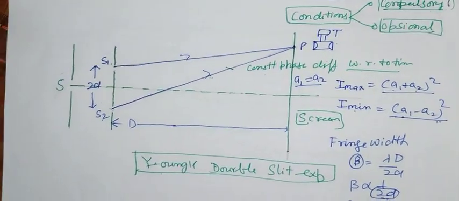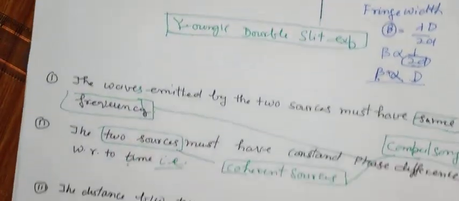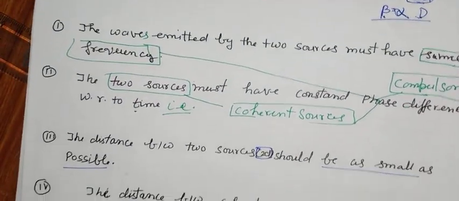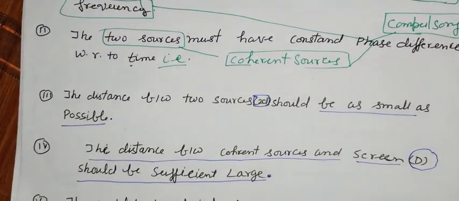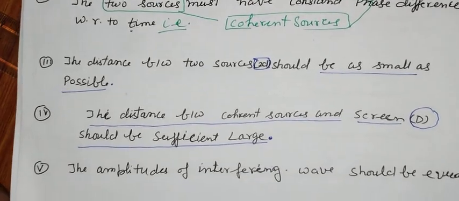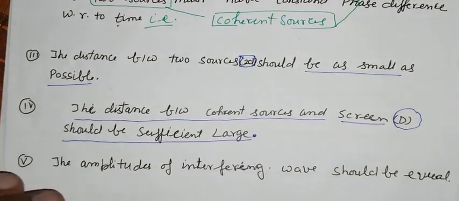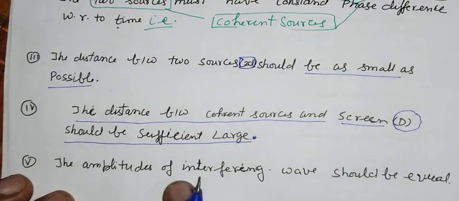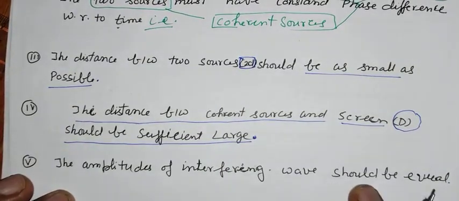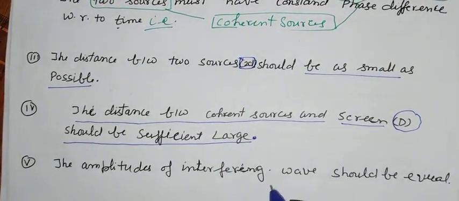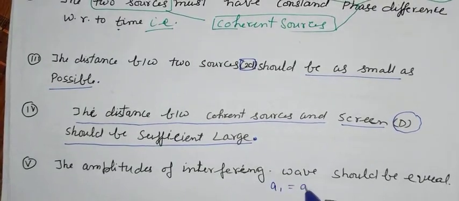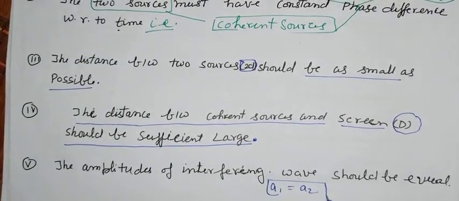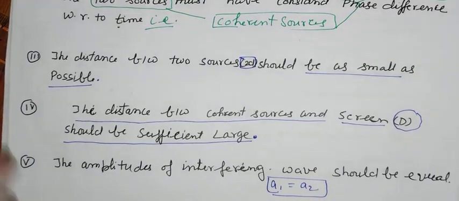So this is the fifth condition, but the third optional condition: the amplitudes of the interfering waves should be equal, A1 equal to A2, and we can get good interference fringes.